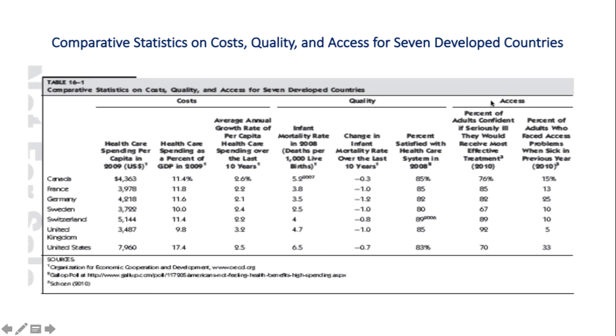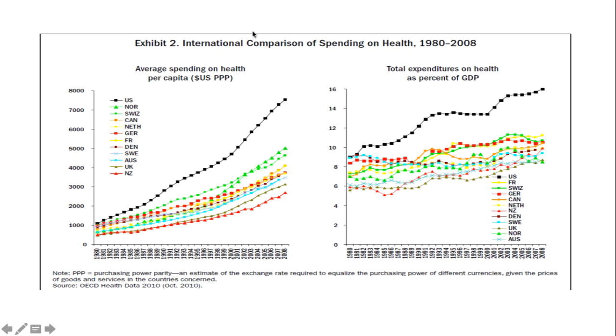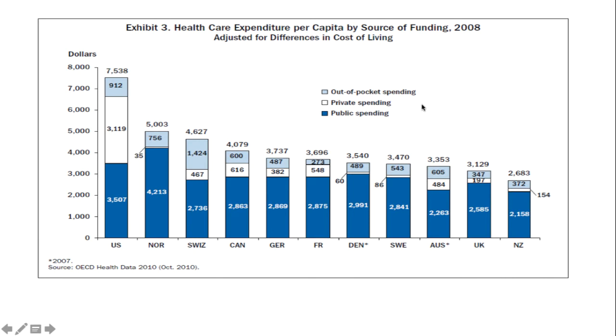In terms of access, the United States has the highest percentage of people without insurance compared to the other developed countries. The average spending on health per capita in the United States is increasing faster than in other countries, both in purchasing power parity and as a percentage of GDP. Healthcare expenditure per capita by source of funding, adjusted for differences in cost of living, is still highest in the United States.